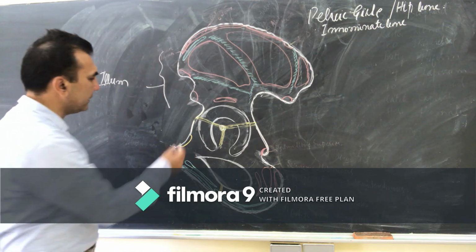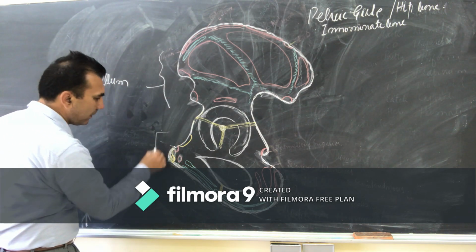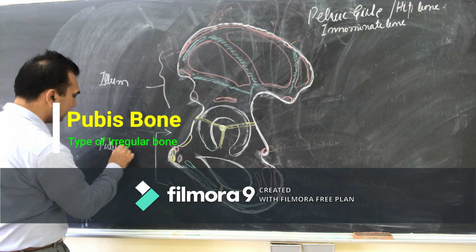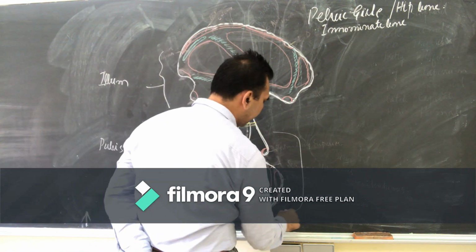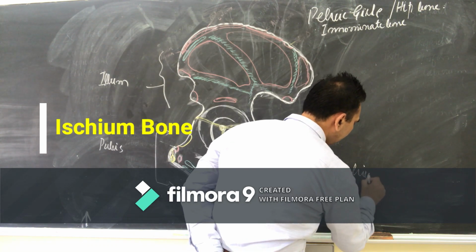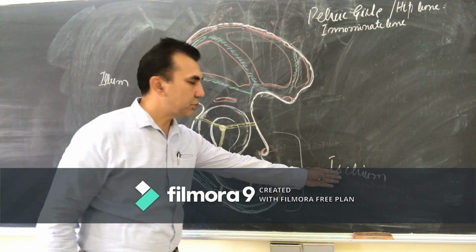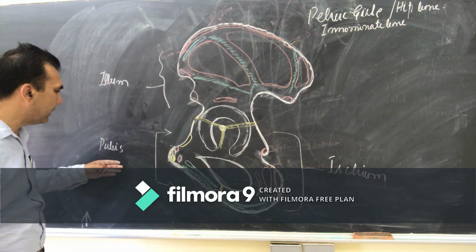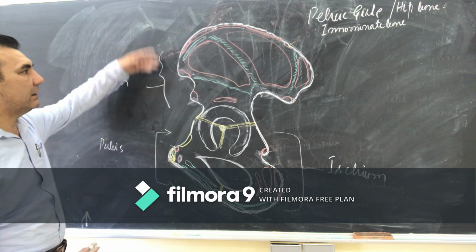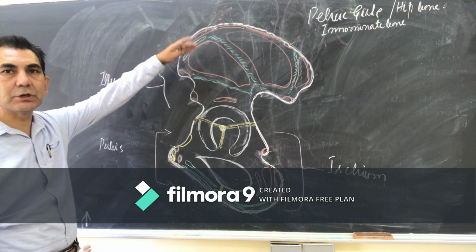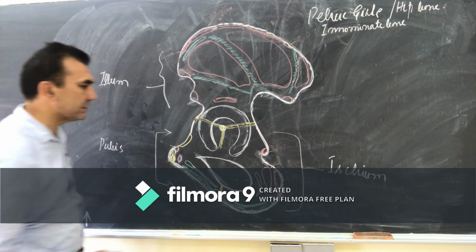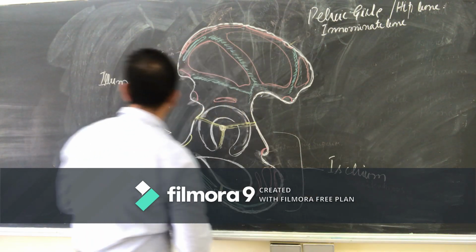This part is the pubis bone, and this one is the ischium bone. The ischium is the posterior portion, the anterior side is the pubis, and the upper portion, which is the major two-thirds of this bone and a flattened structure, is called the ilium.